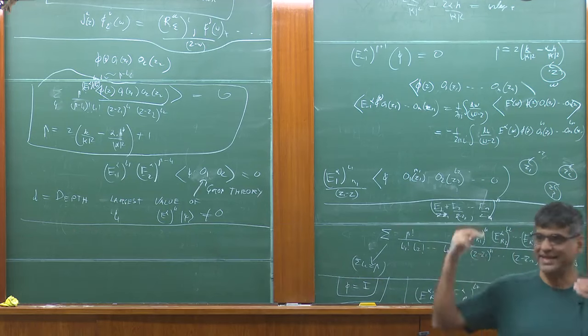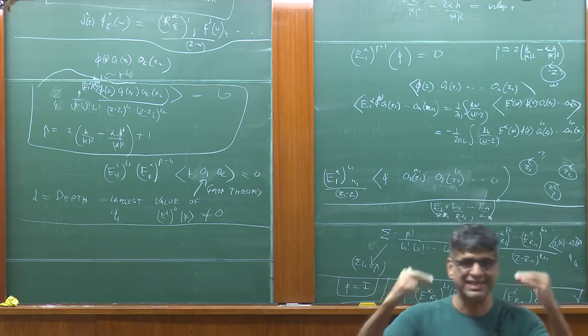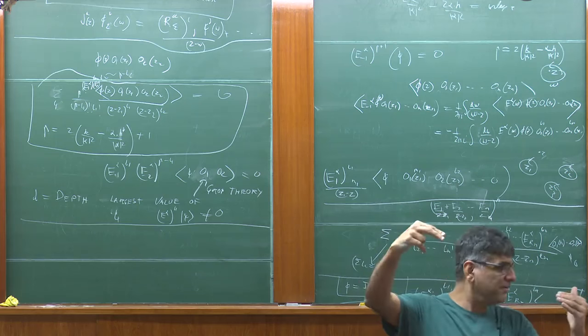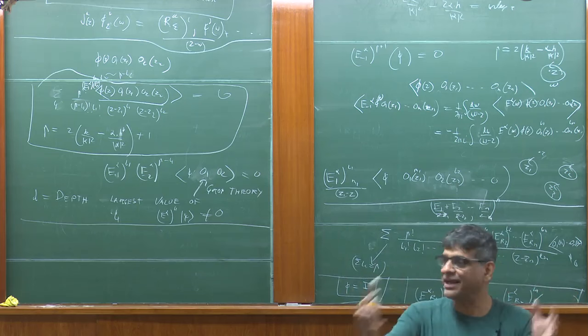Now, suppose the depth of the first plus depth of the second was less than P, then at least one of these would have to be acted on by more than its depth in order that L1 plus L2 add up to P.